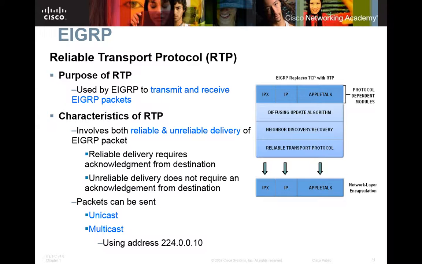Okay. Basically, RTP, which is the Reliable Transport Protocol, all it did was take EIGRP to transmit and receive those EIGRP packets, right? You needed the protocol to understand what the packets read. Pretty simple. RTP gives you reliability and unreliability of the delivery of the packets.